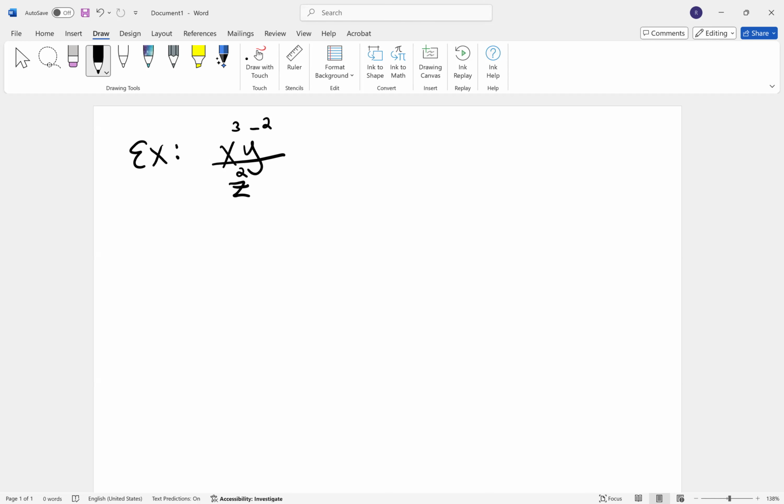So I just want to rewrite this expression so I don't have any negative exponents. So really the only part of this expression that I have to rewrite is the y to the negative 2, right? Because there's a negative exponent.